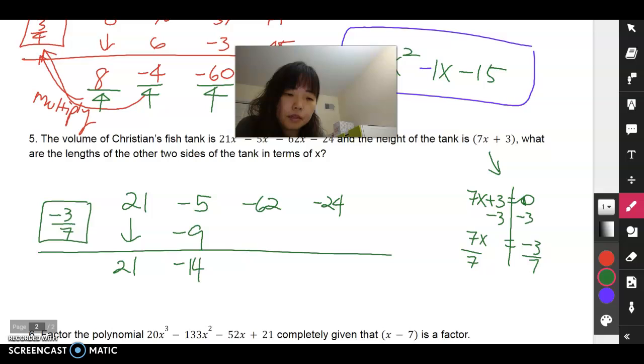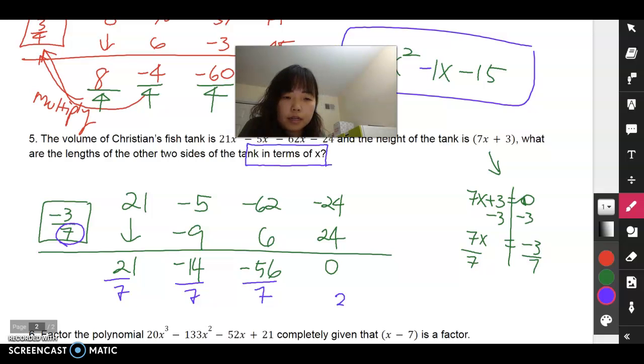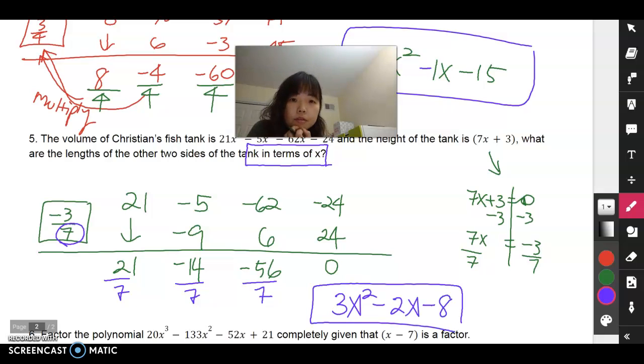Add, multiply, add, multiply, done. Now I'm not going to forget this time. We want to divide it by 7, 7, 7, and write the answers in terms of x. So we're going to write it as 3x squared minus 2x minus 8.